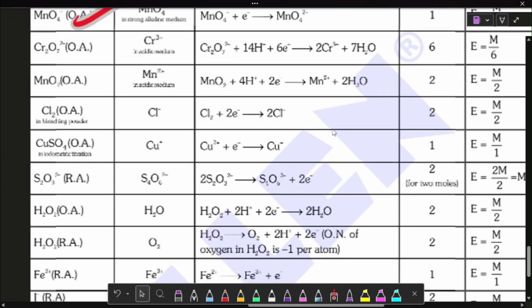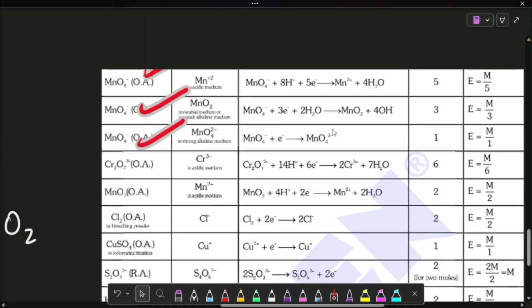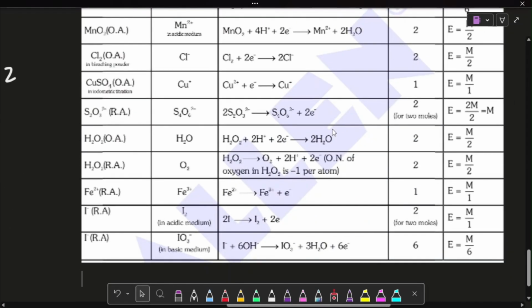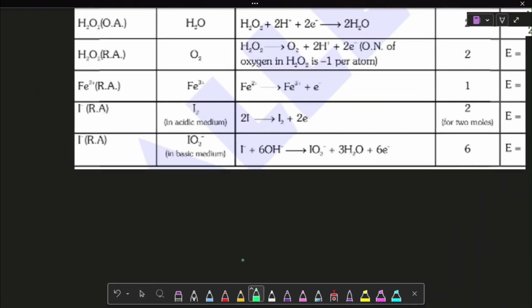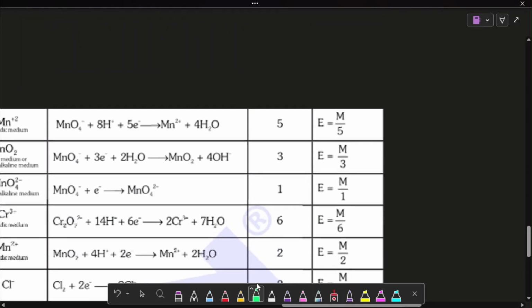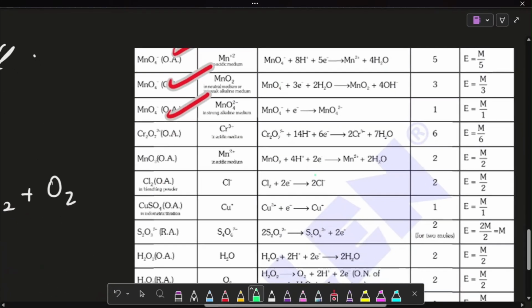So the example we just took right now, what is it? That gives you 3.